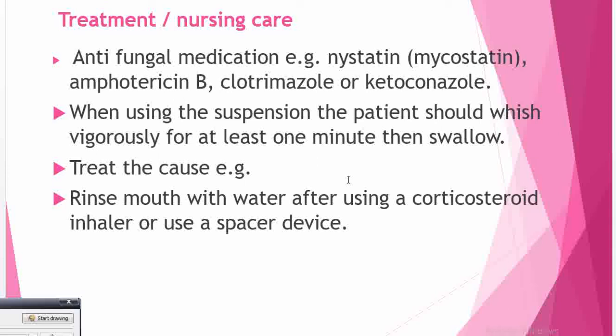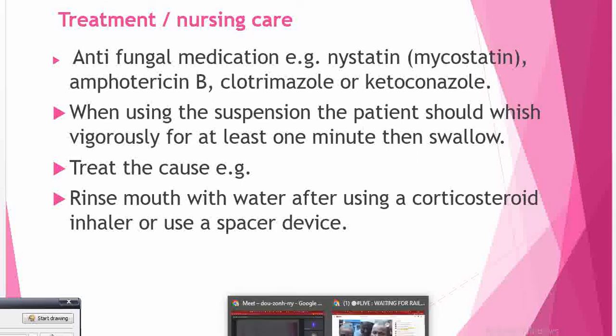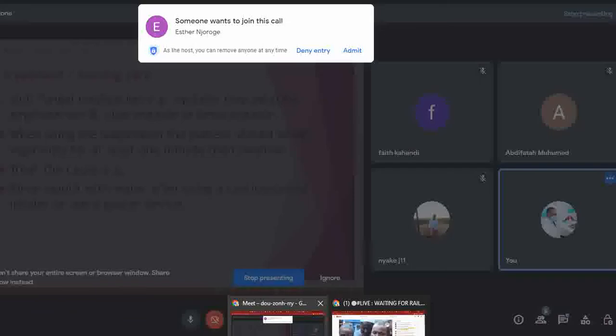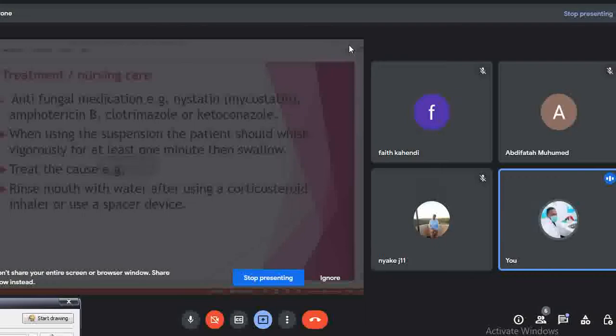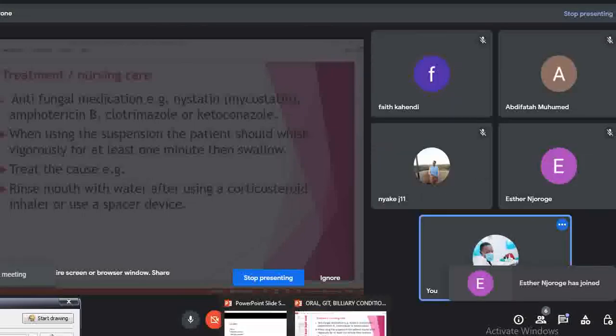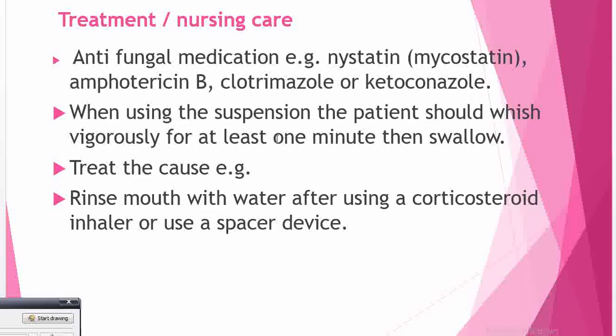When using the suspension, the patient should swish vigorously for at least 1 minute, then swallow. Swishing means you don't swallow it really fast; you gargle it, and it stays in your mouth for some time before you swallow.